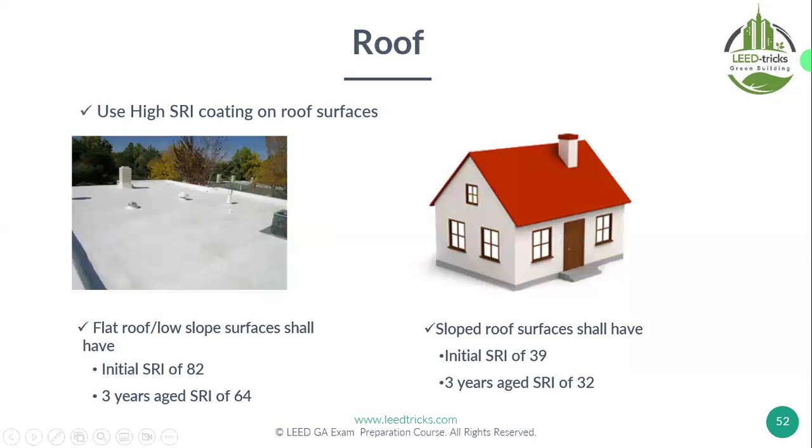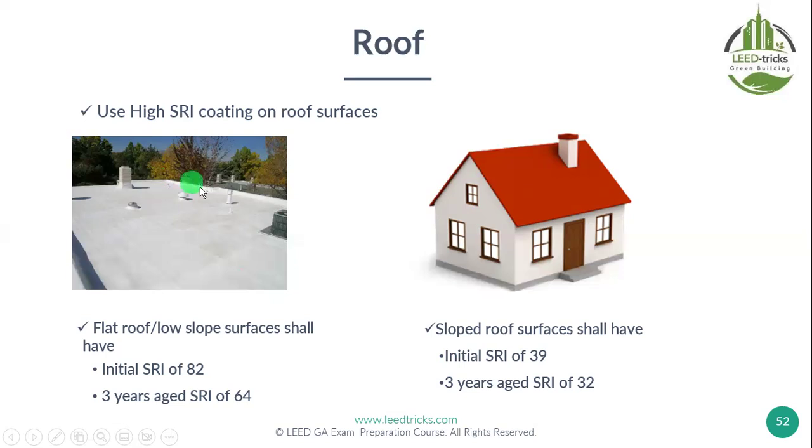What if vegetation is not available? You need to memorize these numbers. Using SRI, solar reflectance index. So I paint the roof white or use any material that is highly reflective. What is reflection? There are two options for the sun's heat: either I absorb or reflect.